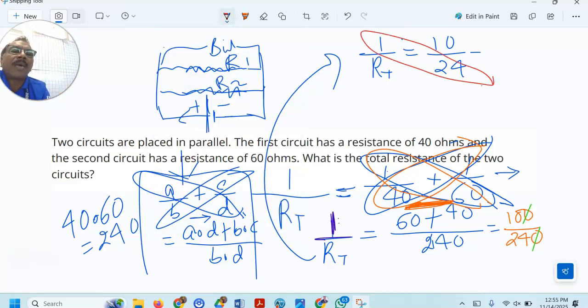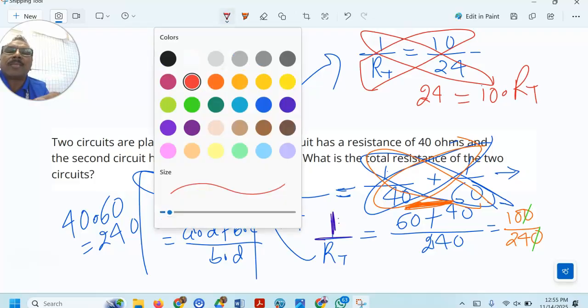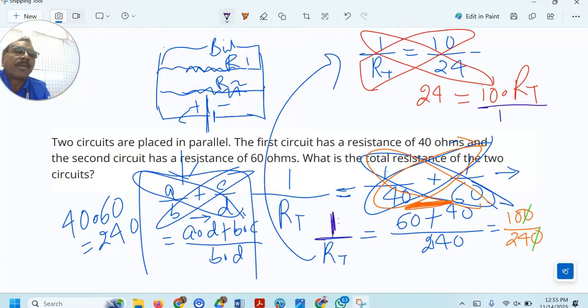This 24 multiplies here and this multiplies here, and you get 24 times 1 is 24, equals 10 times RT. Then you divide, this 10 crosses out, and the total resistance equals 2.4 ohms.